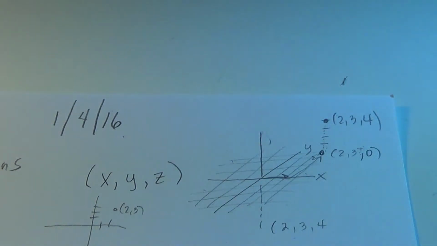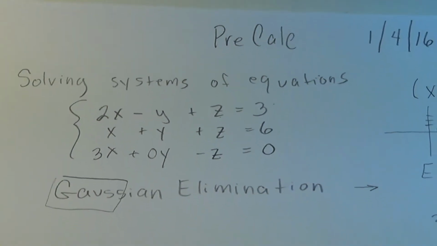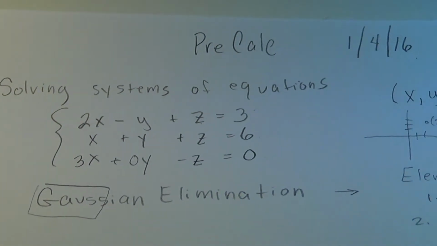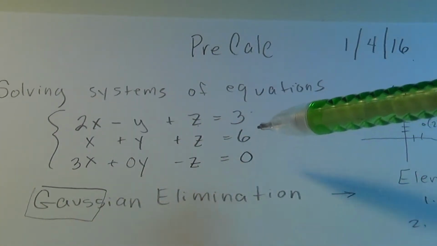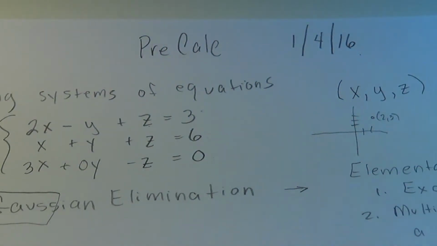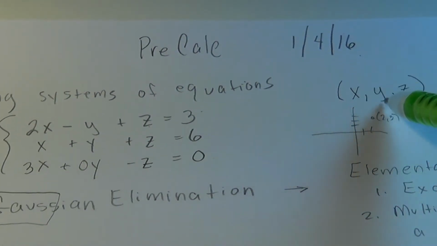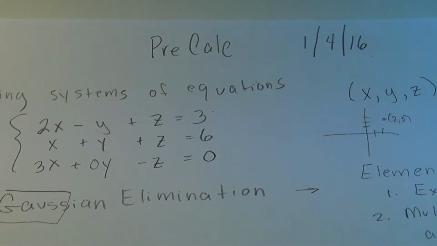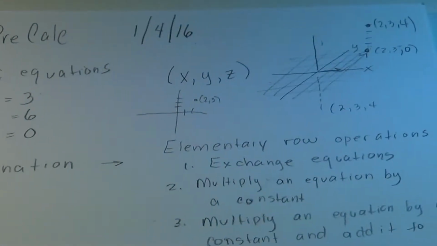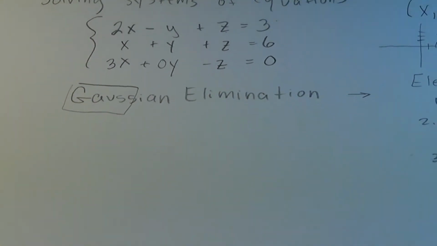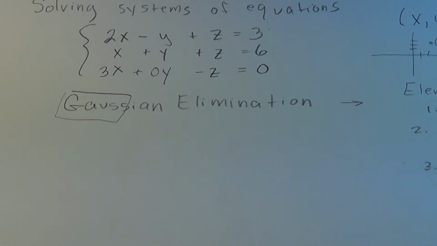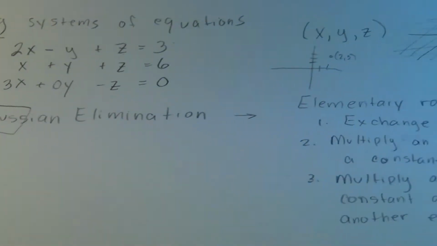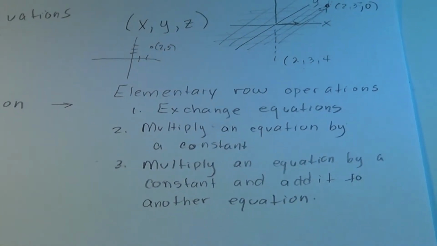Alright, just so you have an idea that we're working in three dimensions now, and that these expressions represent planes that intersect. And we're going to look for one point where they intersect at x, y, z, separated by commas. Alright, to use Gaussian elimination, there are three possible operations. We'll call them elementary row operations.